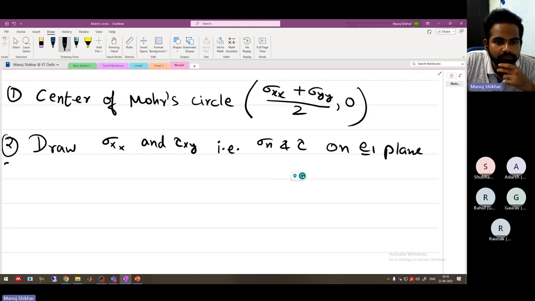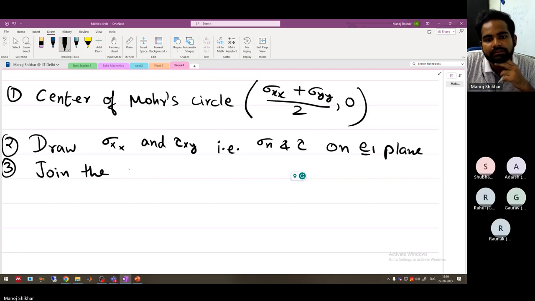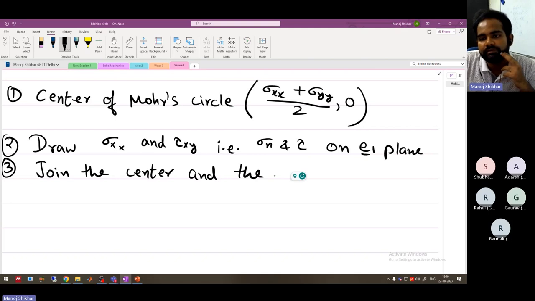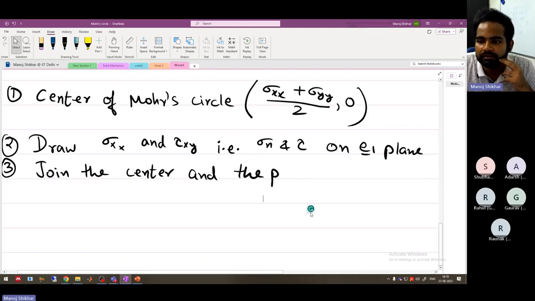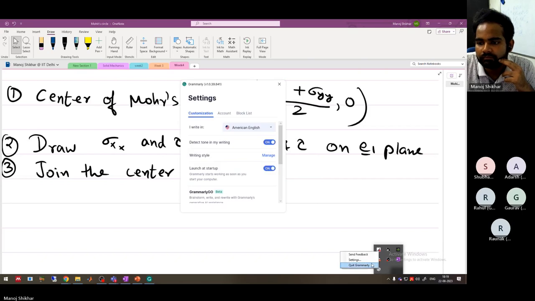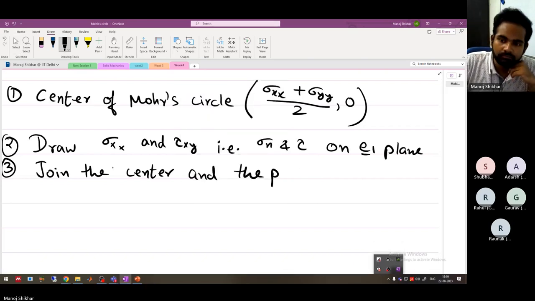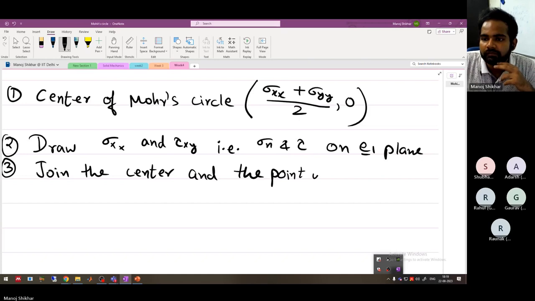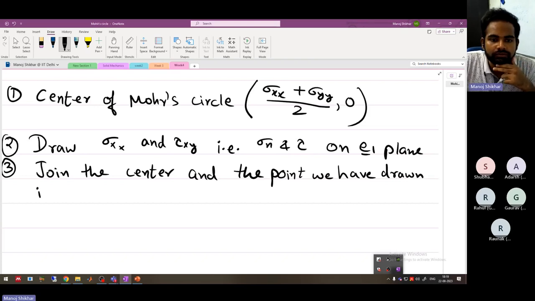Now, third will be join the center and the point we have just drawn in step 2 by a line.